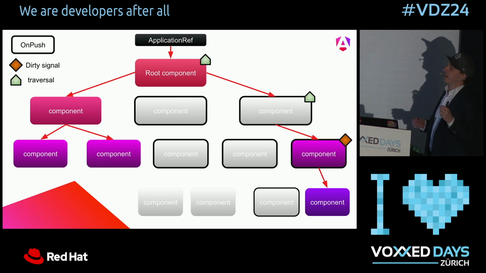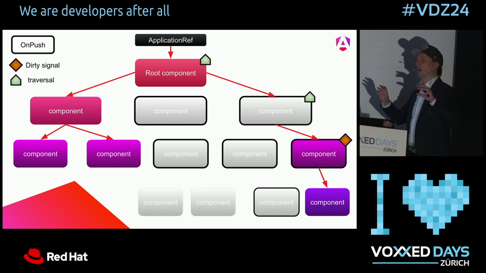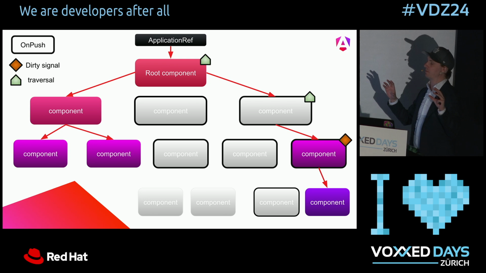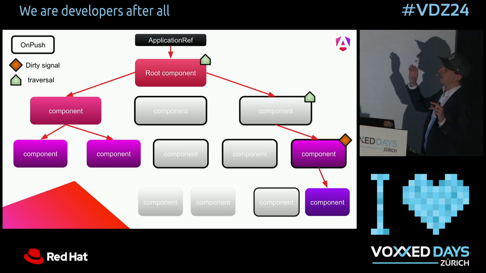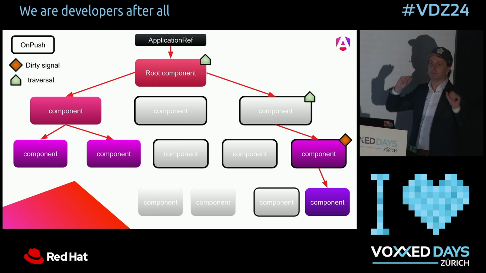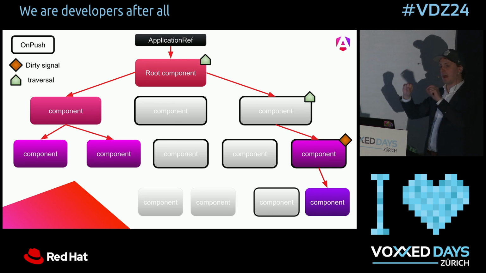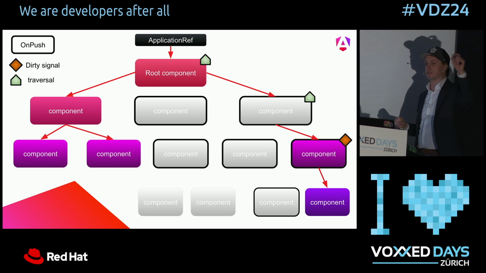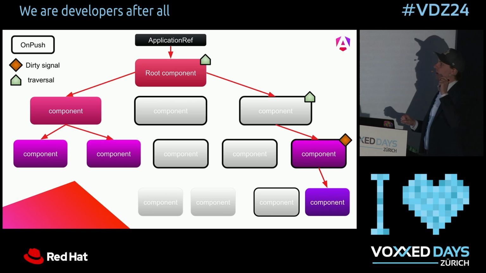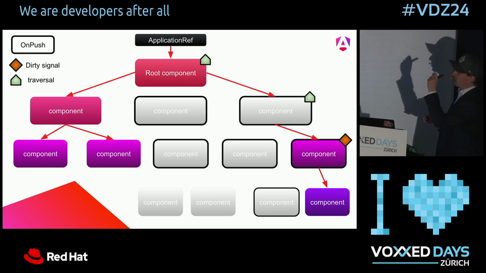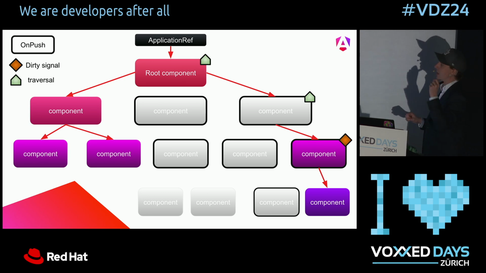Just for comparison, before we had a more global approach to change detection, so every time one component was dirty but not signal dirty, every parent, every ancestor was also marked as dirty. So the difference here is that you will only update the components that are dirty.